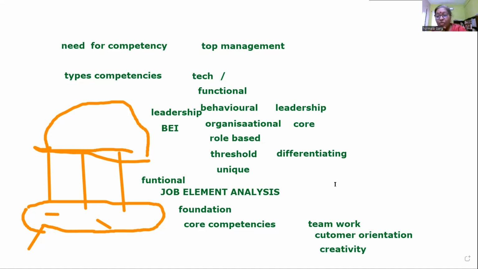So these are all ways of finding out. But what competencies will you look at for functional? You are looking at knowledge and skill, which is above the water. Right? Absolutely. By doing job element analysis, you are getting the knowledge and skill required. By doing a BEI and various other techniques, you are getting the behavioral competencies.